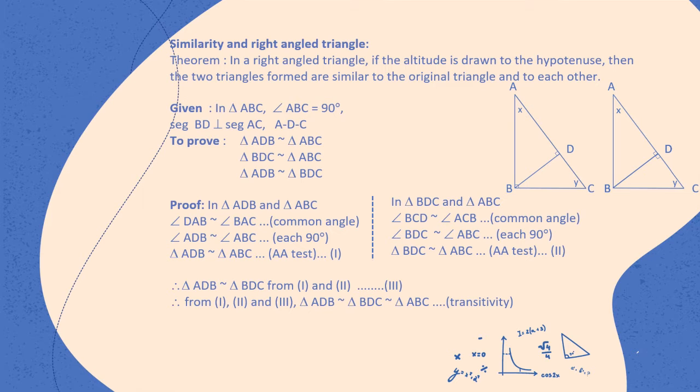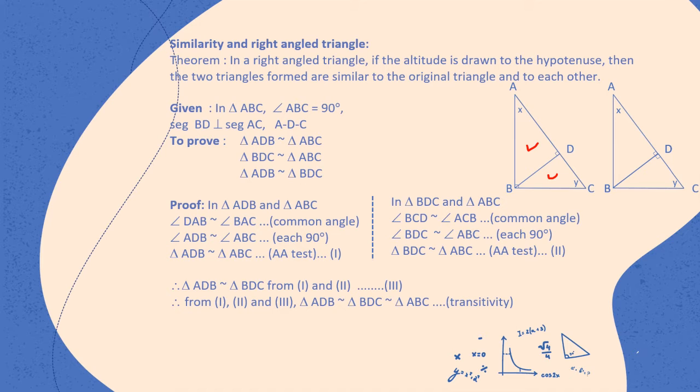So to prove that triangle ADB is similar to triangle ABC, which is the parent triangle, and again, we have to prove that triangle BCD is similar to triangle ABC, which is the parent triangle. Hence, this triangle ADB is similar to BDC.